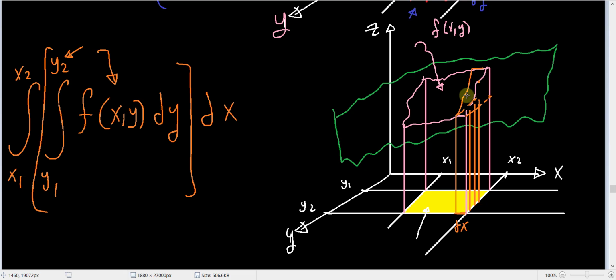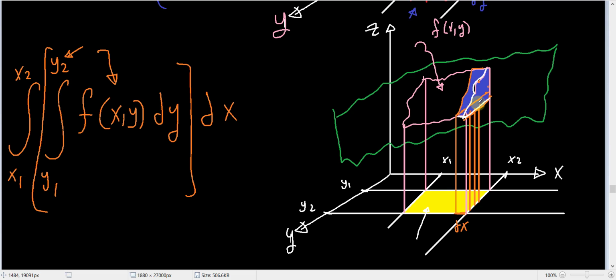I just want to color this irregular portion to make it clear what we are doing and what we are not doing. So I have this and this. Then I have this irregular portion. And if I choose dx to be very small, then we could get rid of this 3D portion right here, and imagine that it doesn't exist.